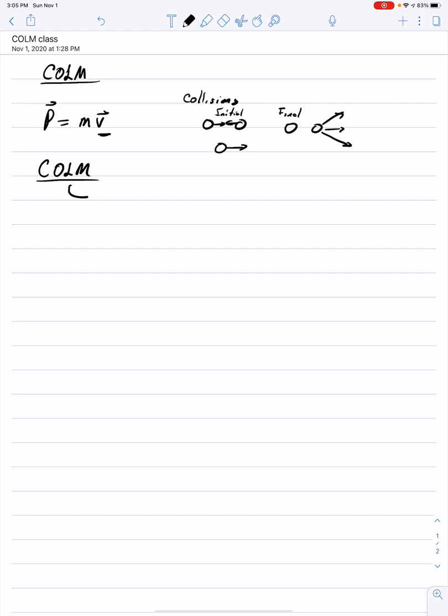Conservation of linear momentum, we have to understand that it is a closed system. So a closed system means that regardless of the impact of two objects, each of their masses is going to stay constant. It's not going to change because of that impact, okay? No parts are going to fly out.